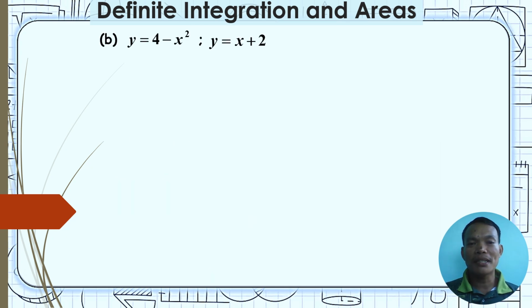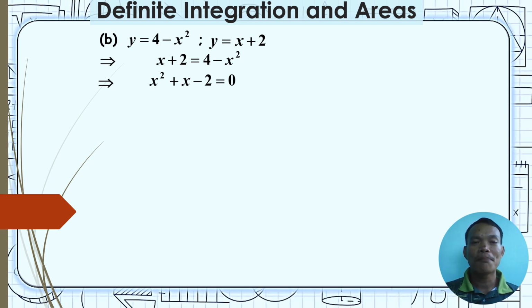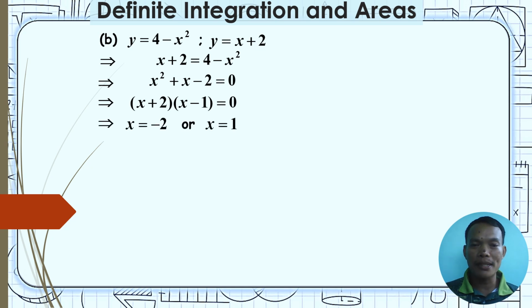For letter B, the solution is this: y equals 4 minus x squared and y equals x plus 2. So we will equate these values of y. It gives us x plus 2 equals 4 minus x squared, and we have x squared plus x minus 2 equals 0. If we factor it out, it gives us the quantity x plus 2 times the quantity x minus 1 equals 0.